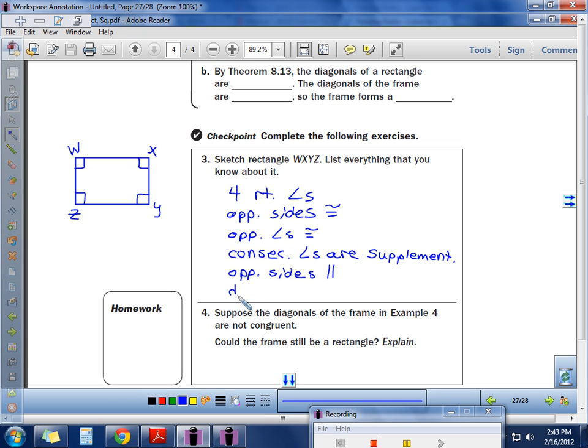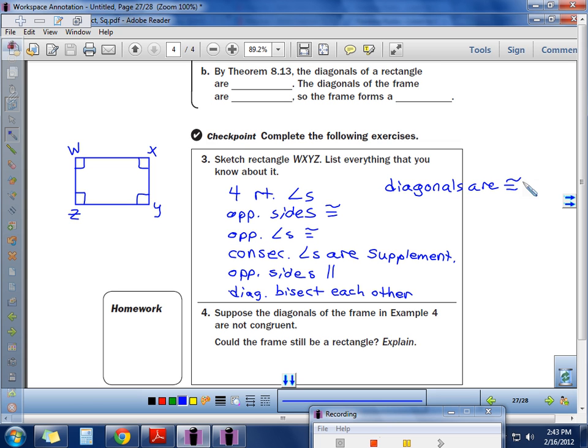Diagonals do not bisect angles. Diagonals bisect each other. I can write only one at a time. Another diagonal one. The diagonals are congruent. How many is that? That's the 7 that we're looking for a rectangle.